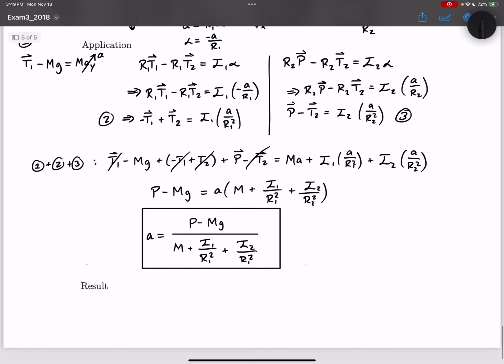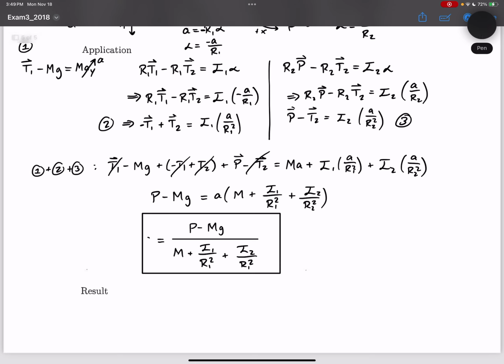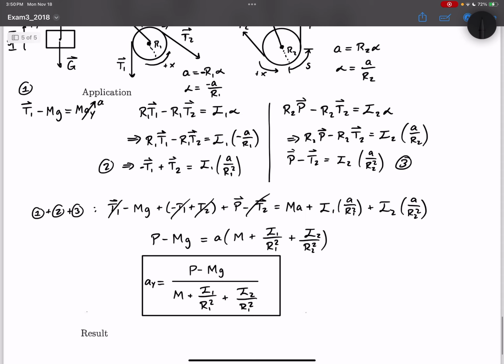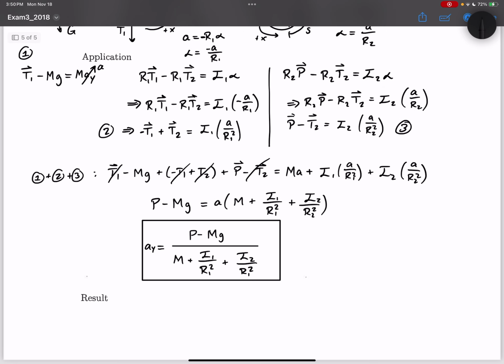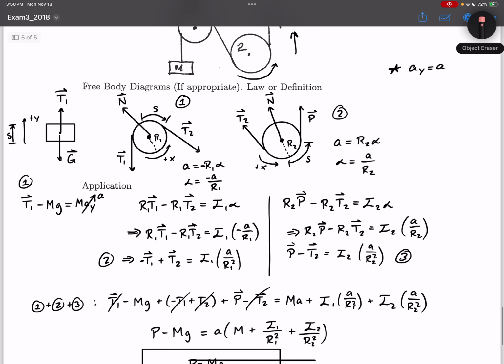And this is in the y direction, of course. I guess you could put that back if you wanted to. Essentially, for these types of questions with pulleys, the thing you have to be conscious of is what direction the pulleys are rotating in, and what the signs would be for the tension forces or for the torques, because these are the torques.